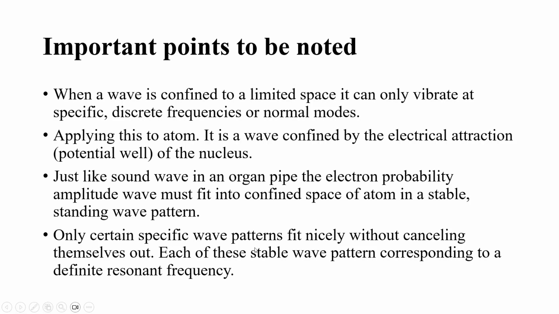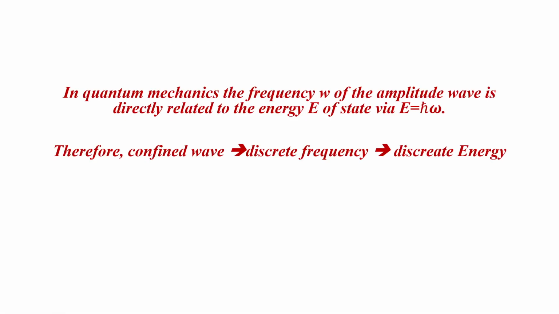Only certain specific wave patterns fit nicely without cancelling themselves out, each of these stable wave patterns corresponding to a definite resonant frequency. Now, in quantum mechanics, the frequency ω of the amplitude wave is directly related to the energy E of the state: E equals ħω, which we already discussed. Therefore, a confined wave means a discrete frequency, which means discrete energy.